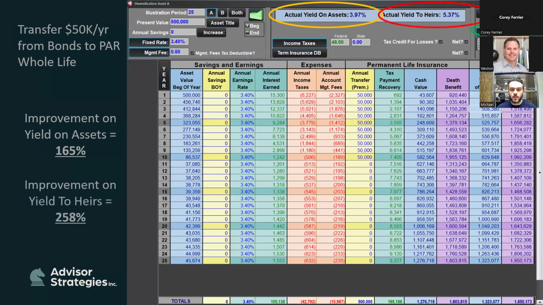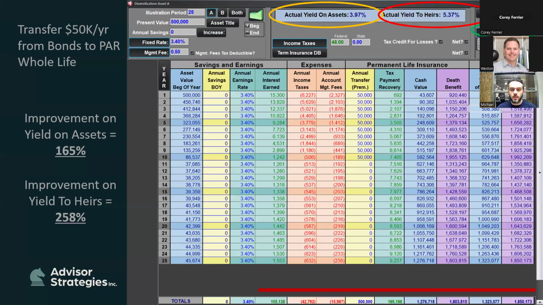The actual yield to the heirs is now over 5, approaching 5.5. That's an almost 260% improvement on what you're going to leave for your beneficiaries. And the actual numbers: we're now at 1.3 for asset value, and 1.85 from a life insurance standpoint of what's going to get paid out. And again, that's tax free at that stage.